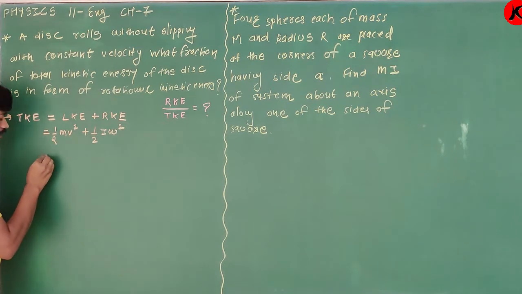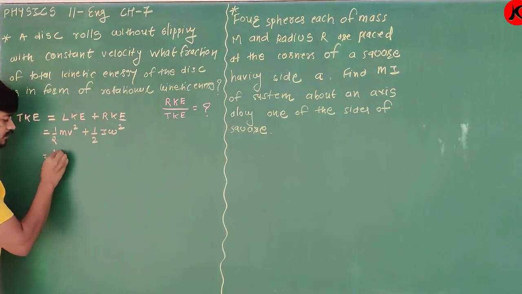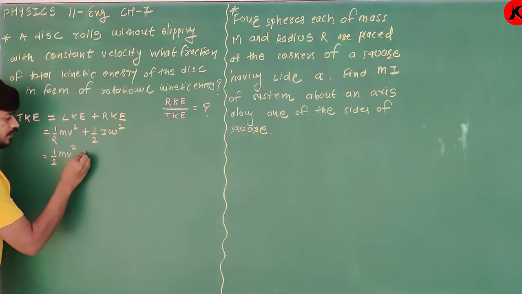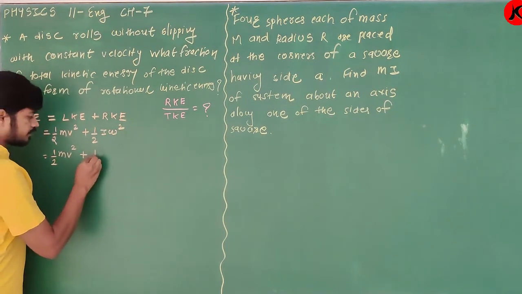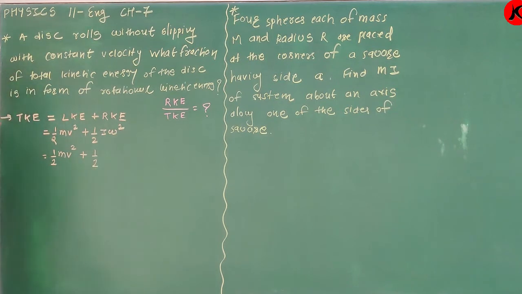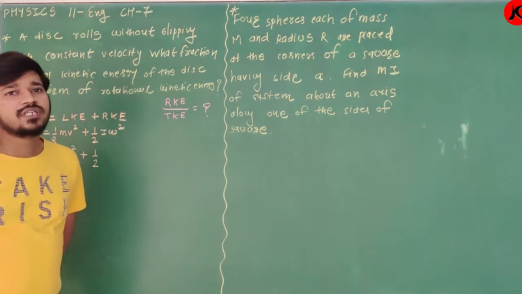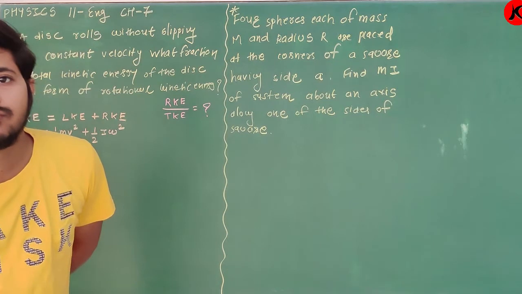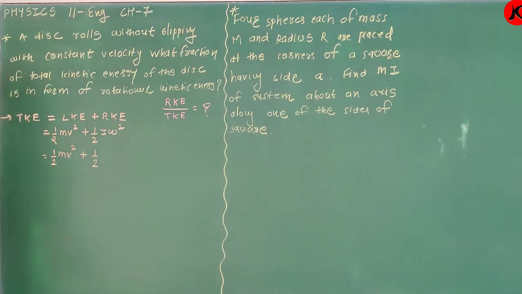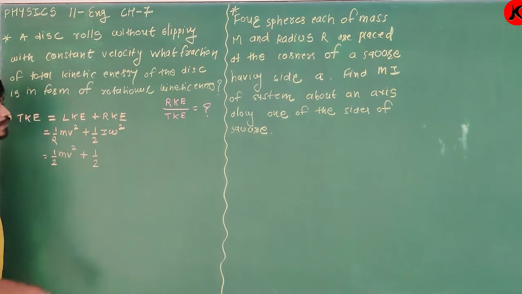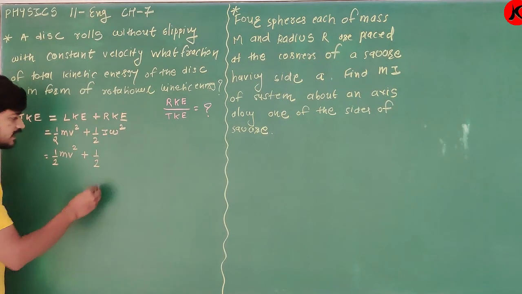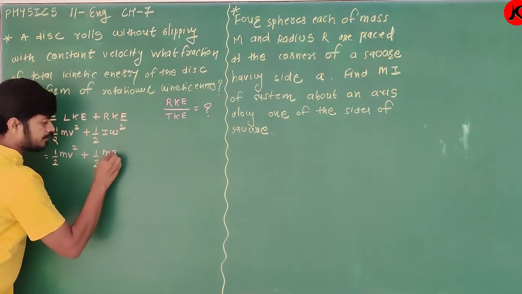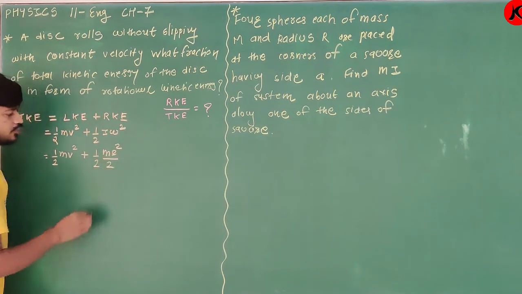So it is half mv square plus half I disk. You are given one disk. And for a disk, what is the equation of moment of inertia? For a disk, the moment of inertia is mr square by 2.